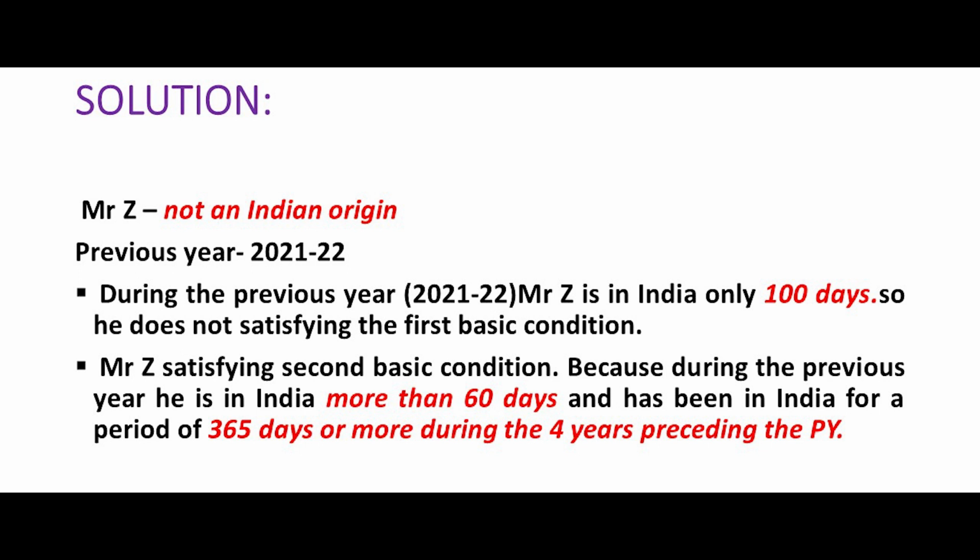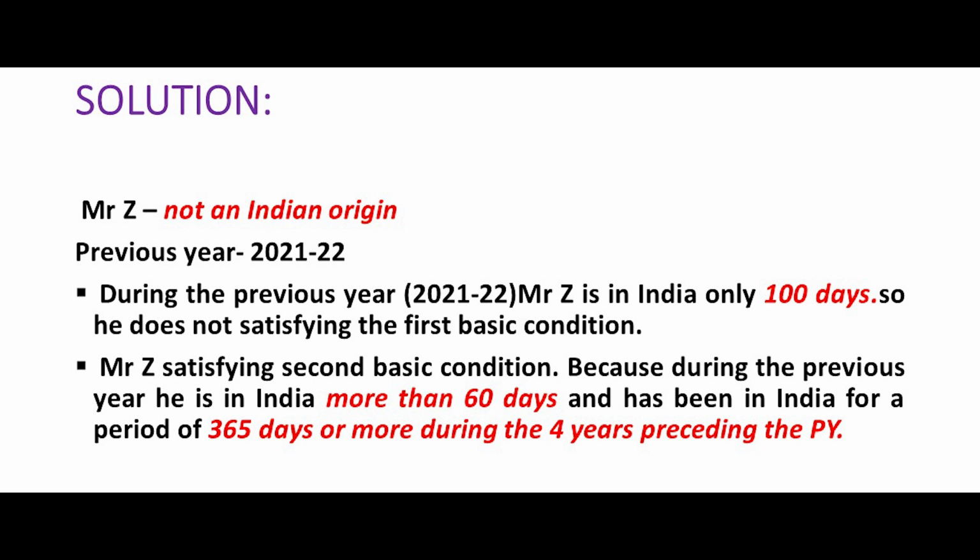Then, firstly, we check whether Mr. Z satisfies any one of the basic conditions. Our first basic condition is that the assessee is in India for a period of 182 days or more than 182 days. Here it is mentioned that every year Mr. Z stayed in India only 100 days.